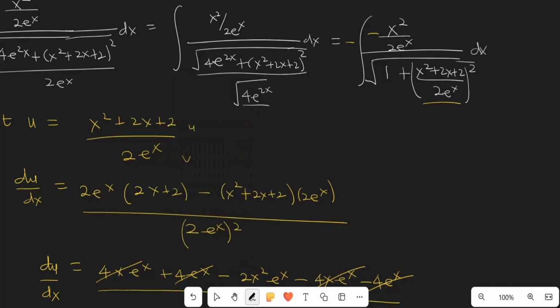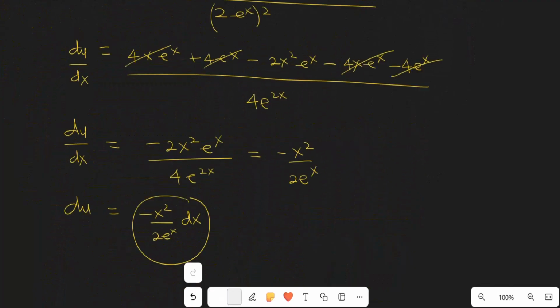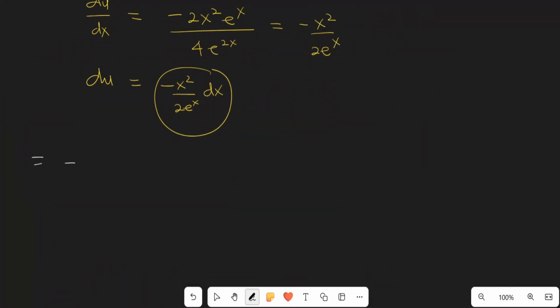This is now negative the integral, the whole of this now, this is du, all over the square root of 1 plus, the whole of this was u, so that is going to be u squared, like that. So our integral now reduces to the negative integral of 1 all over the square root of 1 plus u squared du.